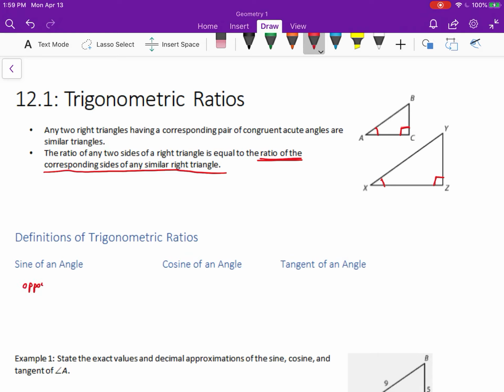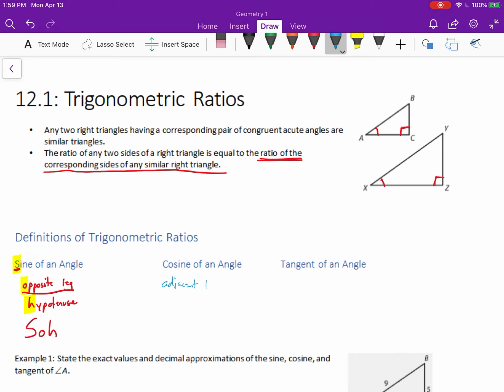So we mentioned these definitions. The sine of an angle is the opposite leg over the hypotenuse. Often I'll say just opposite instead of opposite leg, but remember we said that's S. Let's highlight these: S, O, H. That helped us remember what sine was.